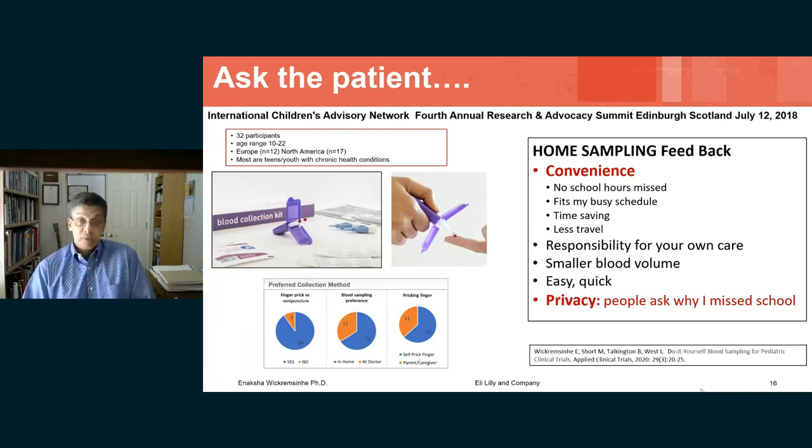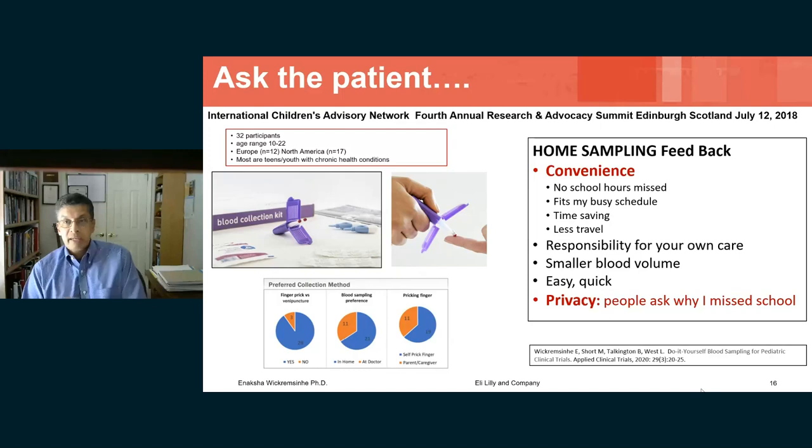Would you want to collect a blood sample by yourself, as opposed to having to go to the doctor's office and have a needle stuck in your arm and get a Vacutainer full of blood? And there was overwhelming acceptance and positiveness from these kids to use something like this, to do it themselves and do it away from home, right?